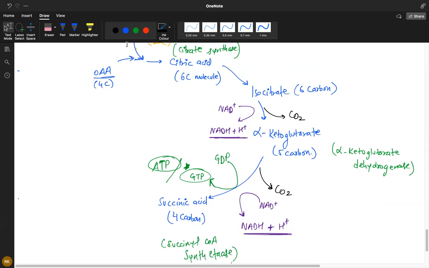Now from succinic acid, what forms is your fumarate and malate, which means fumaric acid and malic acid. But I'm just writing directly malic acid. Or let me write it because sometimes this question has come. So from succinic acid, first is fumarate or fumaric acid, and then forms malate or malic acid.